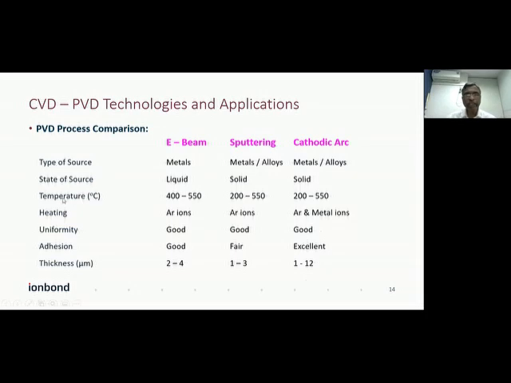Now here you can see that the temperature used to deposit all these coatings through the PVD process is 400 to 450 degrees centigrade in electron beam, whereas in sputtering or the cathodic arc we can go down to 200 to 550 degrees centigrade. So by and large, PVD coating is carried out well below the tempering temperature of the tool steel.